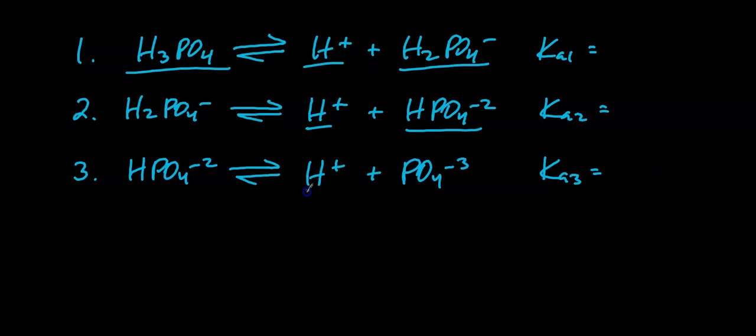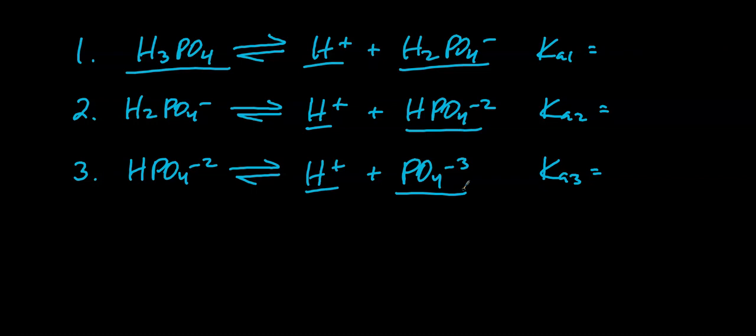That ionizes to produce more H plus, again much smaller than the first. And we get some phosphate ions, and we have one more. What additional ion is in this aqueous solution of phosphoric acid? Of course, I'm talking about hydroxide.